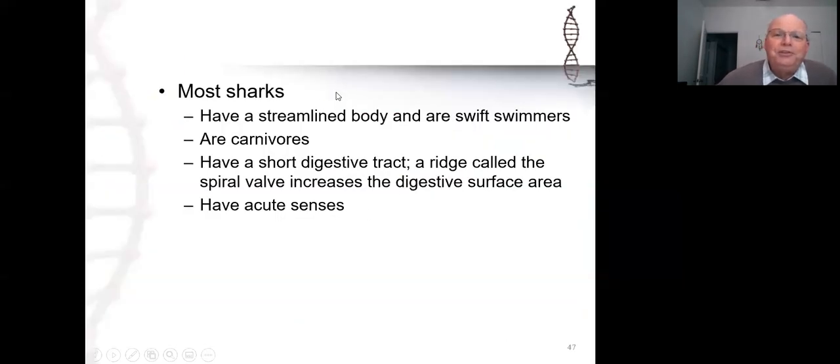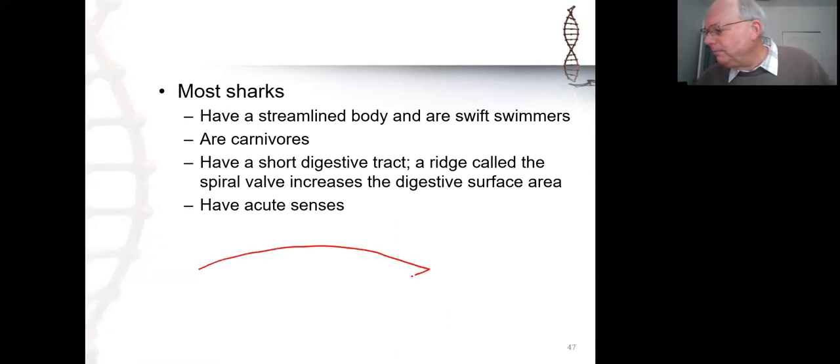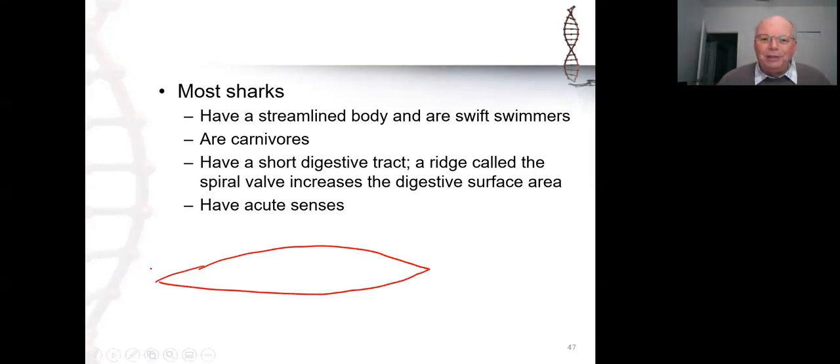So here are some features that are associated with sharks. Their body form is a perfect body form for moving swiftly through the water. We describe it as a torpedo shape, but that in fact is incorrect. The shape of a shark's body is more like this. So it's not really torpedo shaped, but this is a perfect adaptation for moving swiftly through the water, and all sharks have this basic body plan.